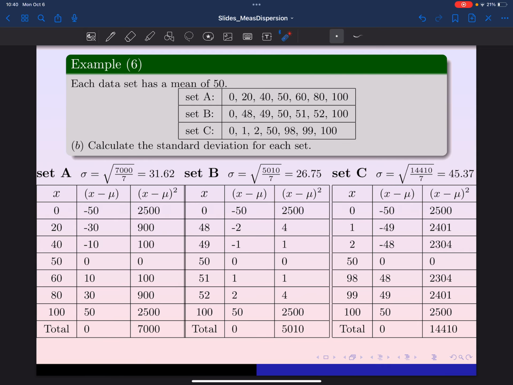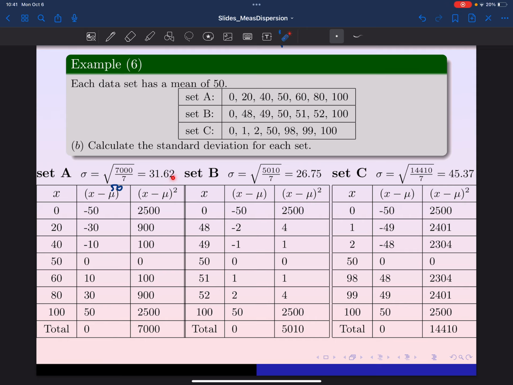So as before, my average is 50, so my mu would be 50. For each set we would go 0 minus 50 is minus 50, 20 minus 50 is minus 30, and so on. So if we calculate them for each set, then you square this value, and for the standard deviation you take the total and divide by how many numbers you have.